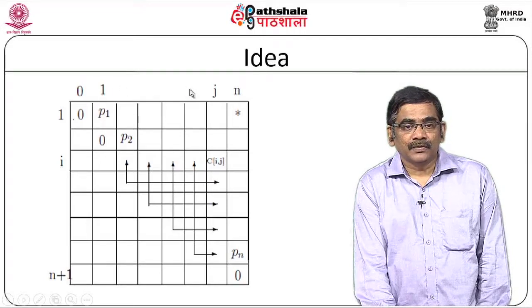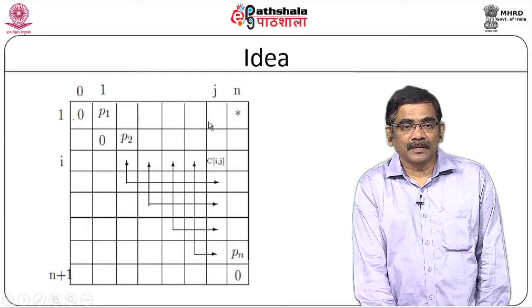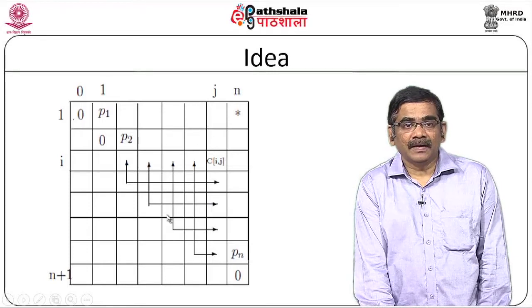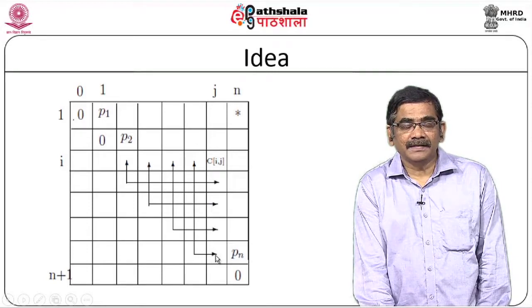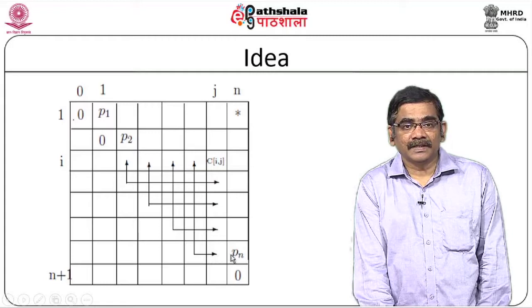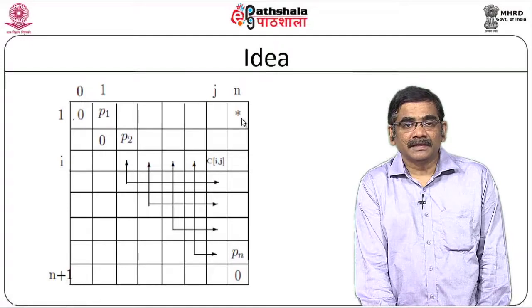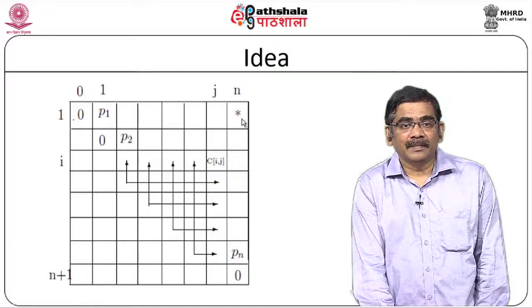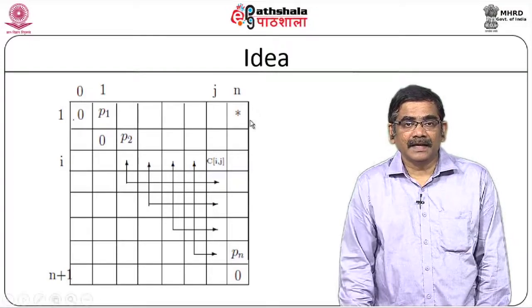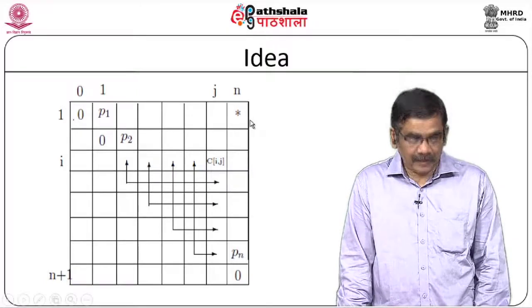P 1, P 2, up to P n are the various probabilities associated with the given elements, and we are going to compute C of i comma j, and finally C of 1 comma n is going to contain the minimum cost required for establishing this. This is the idea behind the whole thing.